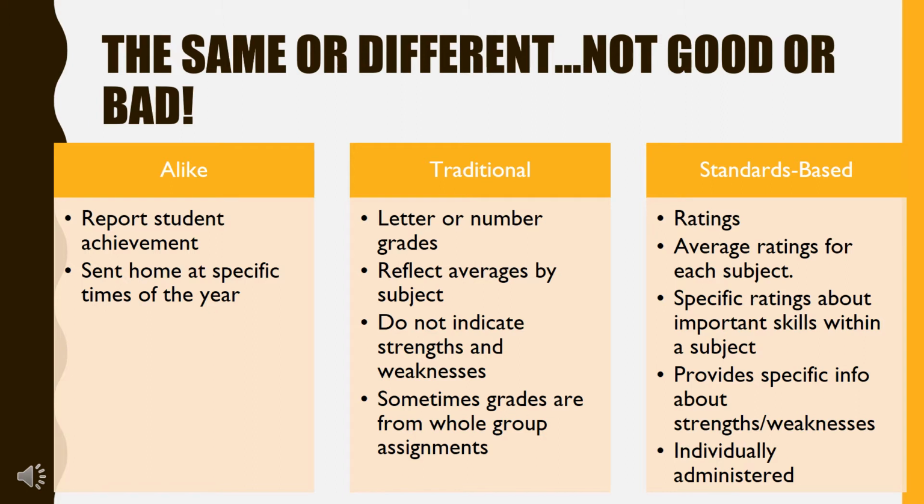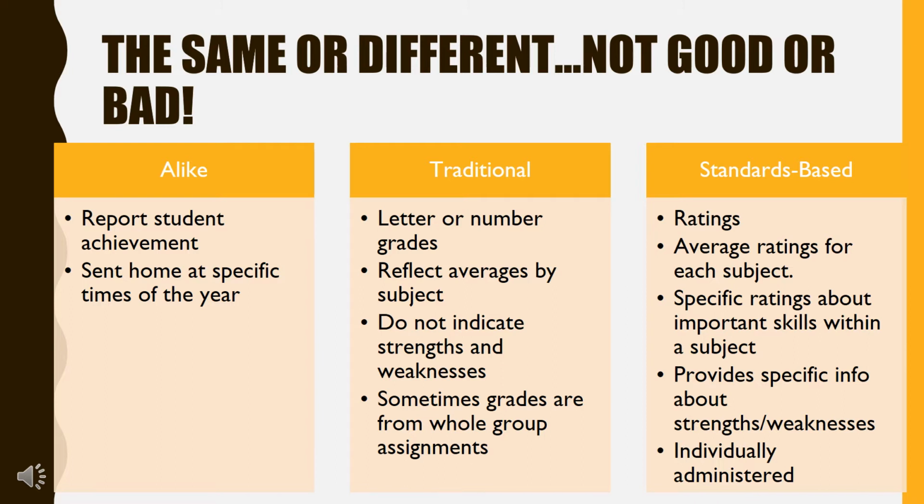However, traditional report cards use letter and/or number grades to reflect average grades per subject. Strengths and weaknesses are sometimes indicated if the student was given a number grade indicating a high, like a 98, or a low, like a 91, within a specific range, such as the 90s, 80s, 70s, or 60s.